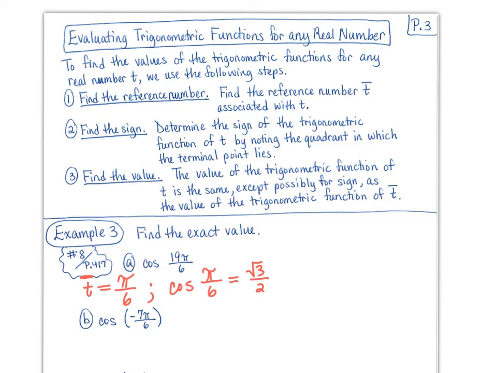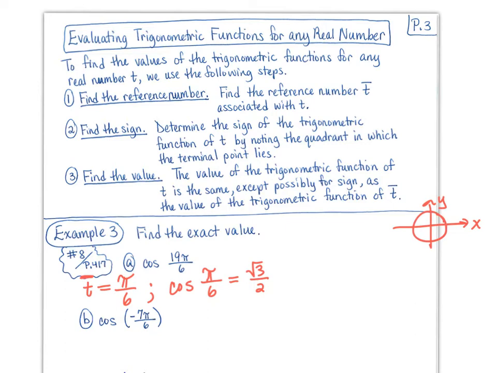But we were asked to find cosine of 19 pi over 6. Cosine of 19 pi over 6 lives in what quadrant? Quadrant 4, does everyone agree? No? Third quadrant. Good, it's in quadrant 3.